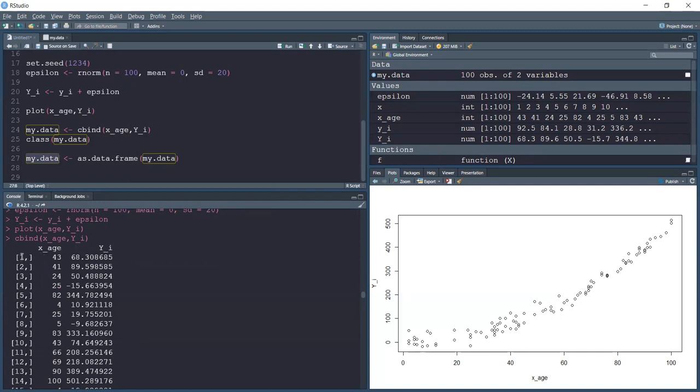It is row 1 and comma nothing means all the columns. Row 2 and the nothing means take all the columns. If we did 3, 2, then that would be specifically referring to this one. Okay, so we now have the data as a data frame.